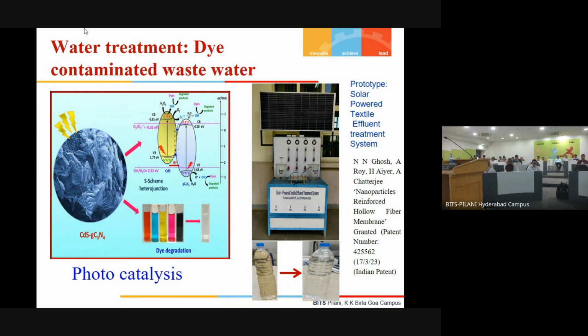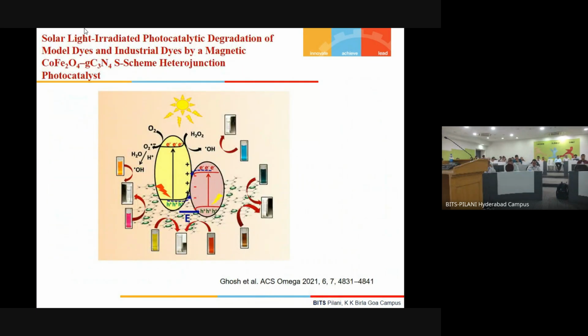Keeping all these things in mind, first I would like to tell you what kind of photocatalyst we have prepared. It is cobalt ferrite graphitic carbon nitride.